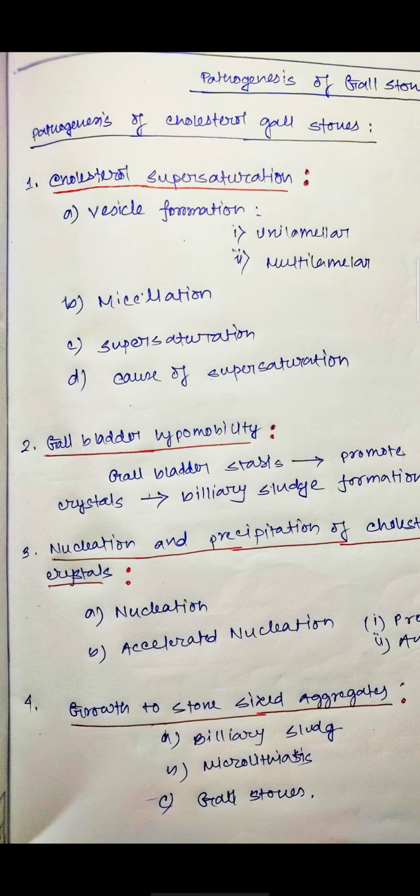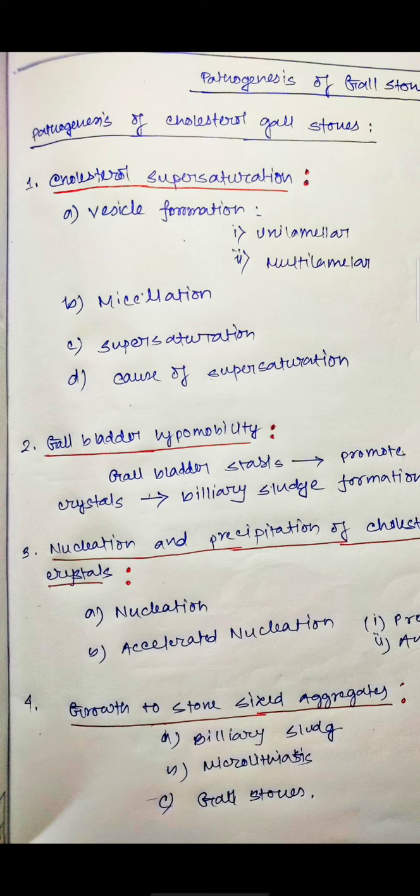So there is an increase in unilamellar vesicles within the bile. Ultimately those unilamellar vesicles fuse and form multilamellar vesicles. Now these multilamellar vesicles nucleate to form solid microscopic cholesterol monohydrate crystals, right?